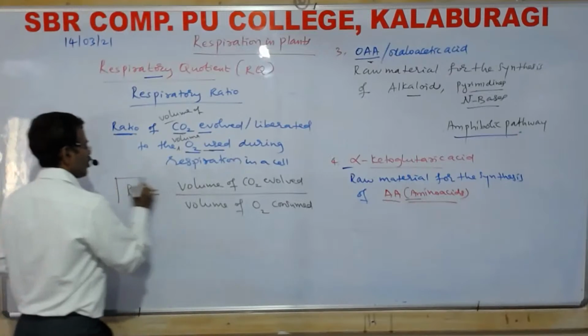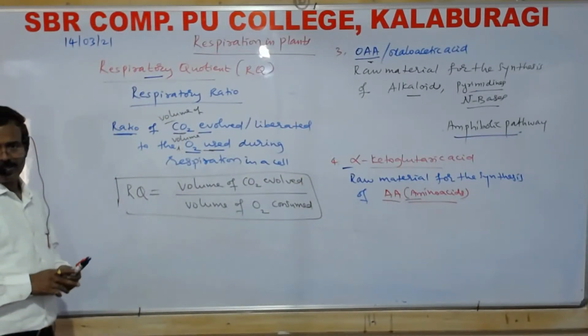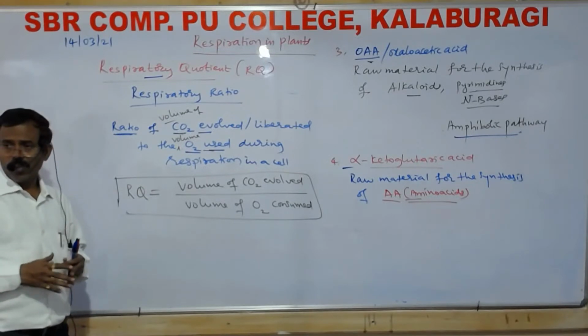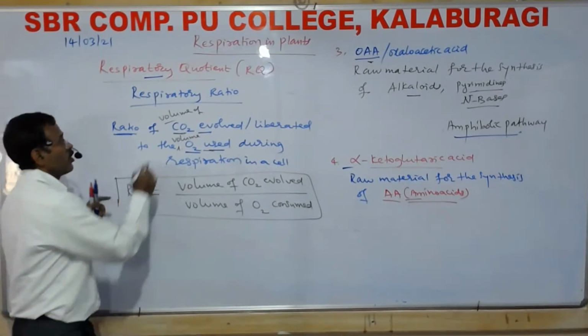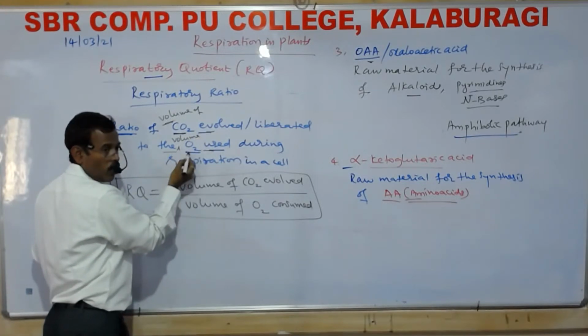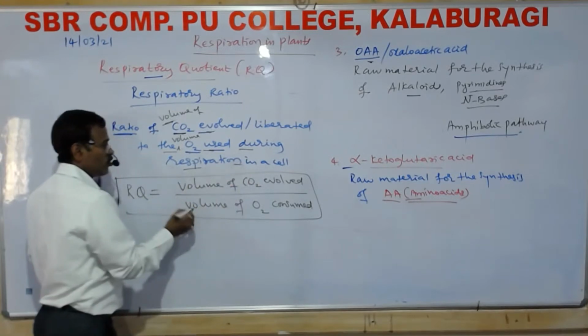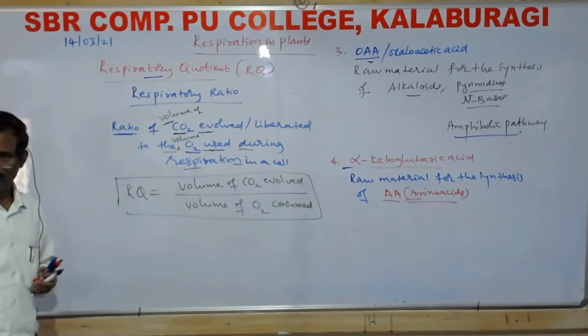So this we have to remember. This is the respiratory quotient. It is also called respiratory ratio. So it is the ratio between the volume of the carbon dioxide released to the volume of oxygen consumed during respiration in a cell. That is called respiratory quotient.